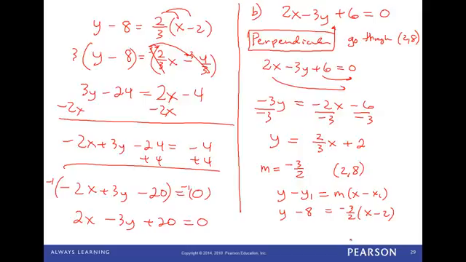And again, the directions here say write the answer in the general form. So we're going to write it in general form here. Multiplying through, in fact, let me start this on the next slide here. So we got y minus 8 is equal to -3 halves times x minus 2.